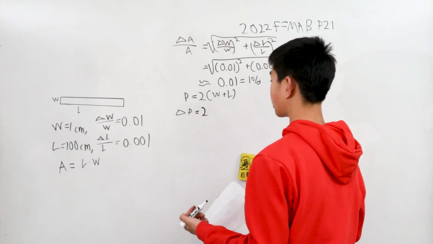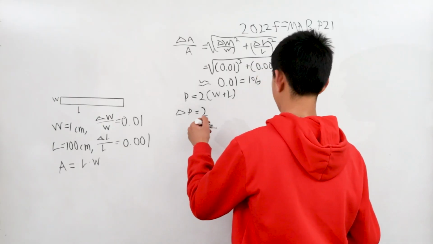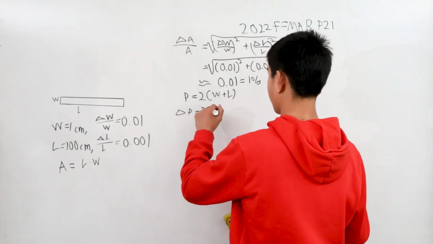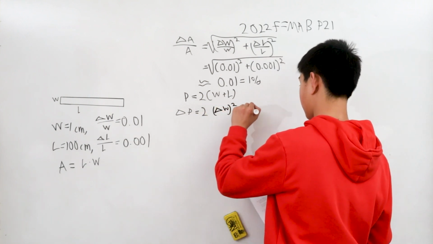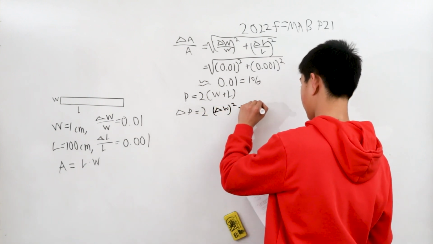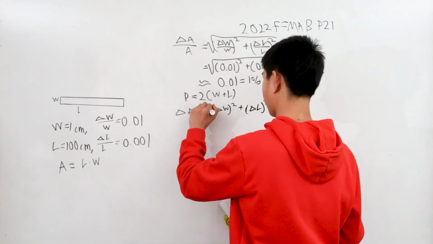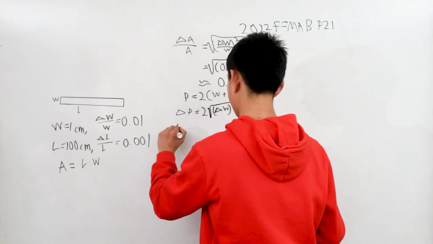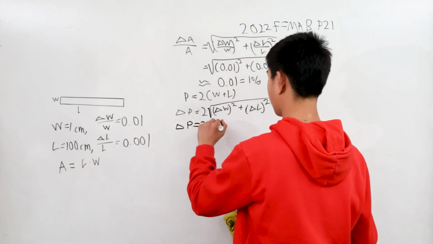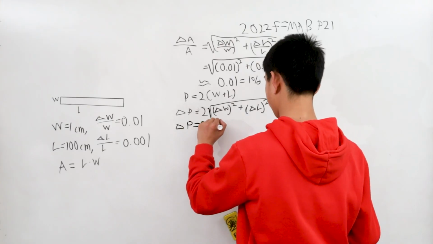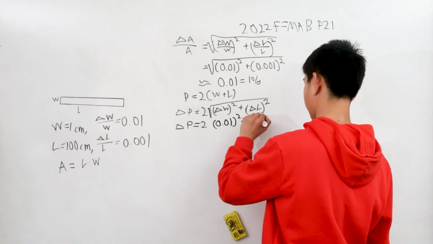So this is delta W squared plus delta length squared, and then you take the square root of that. So delta P is 2 times the square root of 0.01 squared plus 0.1 squared.